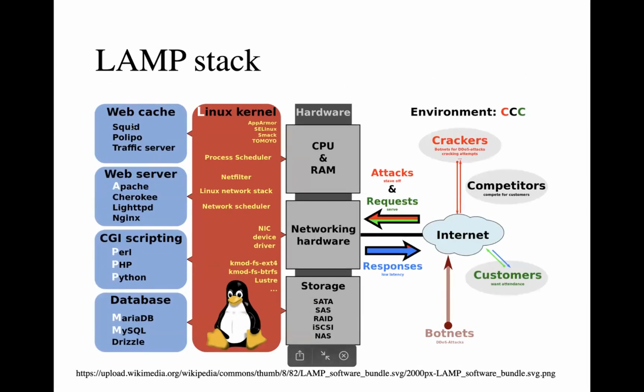So in the LAMP stack, we have a web cache, right? Like Squid or Polipo, traffic server, a web server like Apache, Cherokee, Nginx, CGI scripting. So they're just different names of different parts of the stack, like different tools that we can use for different parts of the stack.